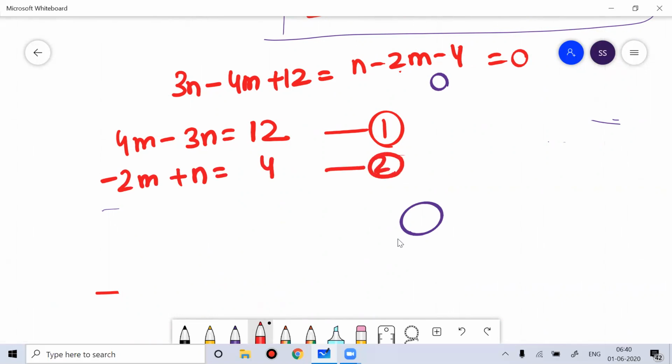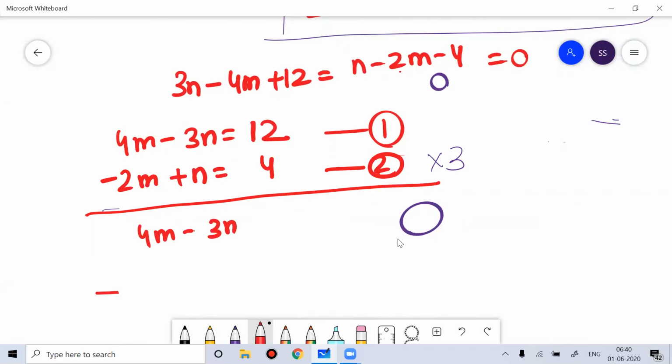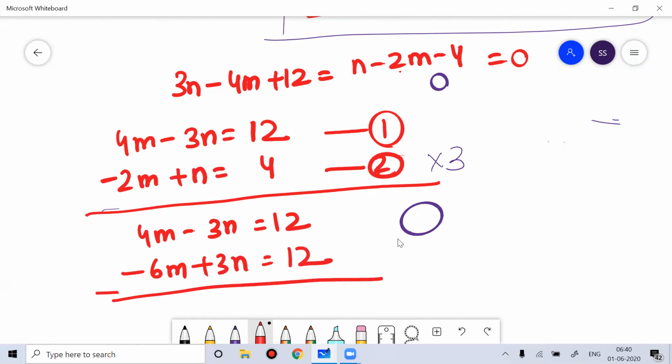This is your equation 2. You can multiply equation 2 by 3. So if you do that, your equation 1 would be 4m minus 3n is equal to 12, and equation 2 would be minus 6m plus 3n is equal to 2.